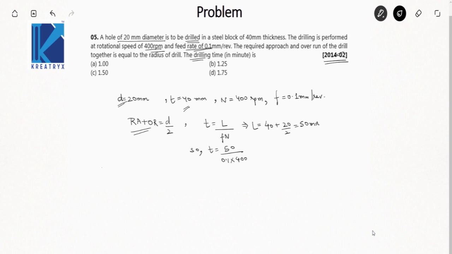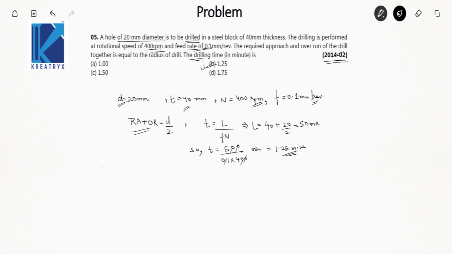The answer will be in minutes, because it is revolutions per minute. So 50 by 40, it will be 5 by 4, which is 1.25 minutes. When we look at the options, option B is 1.25 minutes. So the right answer is option B, 1.25 minutes.